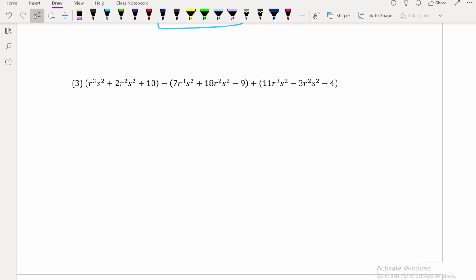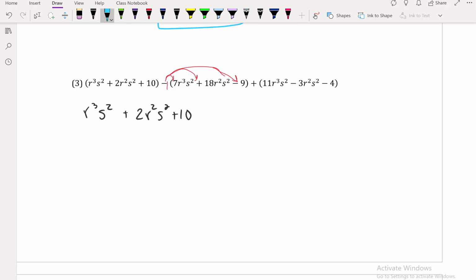Now for this one, you just have to be careful about this negative here. So I'm going to have to distribute it into everything here. So I really have an r cubed s squared plus 2r squared s squared plus 10.